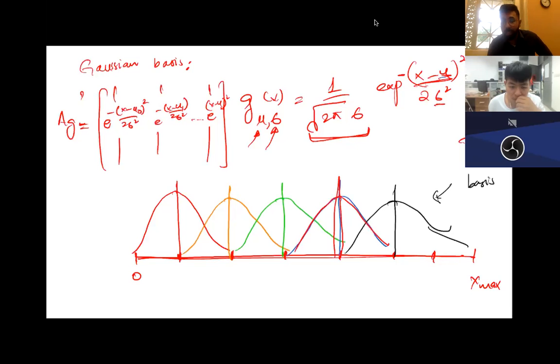By looking at the weights of these, you can say which base is active around which point and what it is doing. We will see this in an overfitting example. I'll explain why it's better for visualization and explanation. I don't know whether we can have a general form where we can say that this basis is better in all cases. I doubt that we would have a case like this, at least not in my knowledge. But for certain visualization and explanation purposes, this one is quite better. We will see it in one of the examples later today.